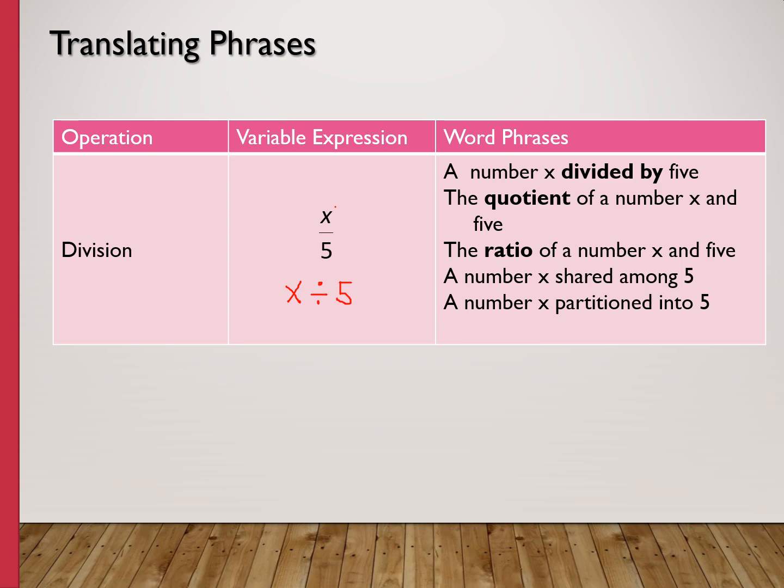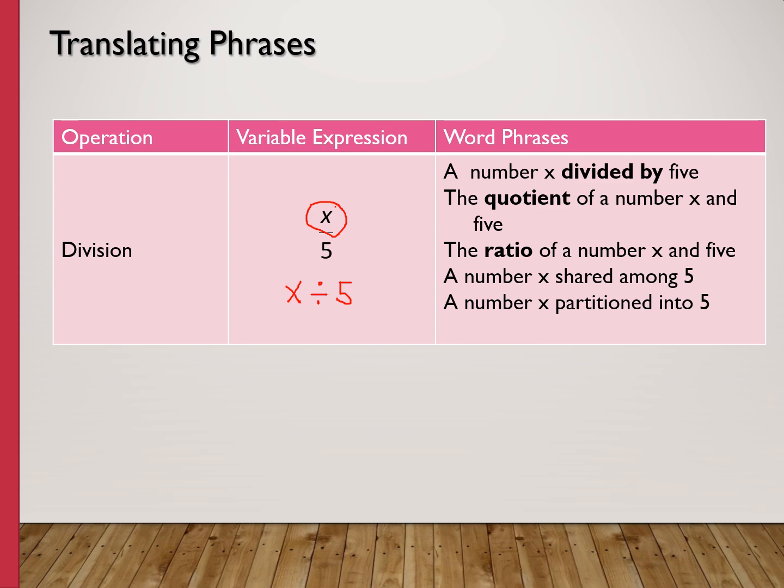They are just the same. Next is the quotient of a number x and 5. So, yung quotient daw, di ba, alam natin that the answer for division is quotient. So, quotient, ibig sabihin division siya. Next, yung ratio, ginagamit din natin for division.